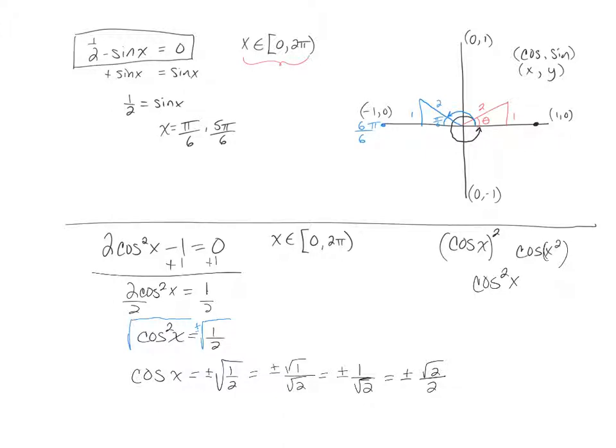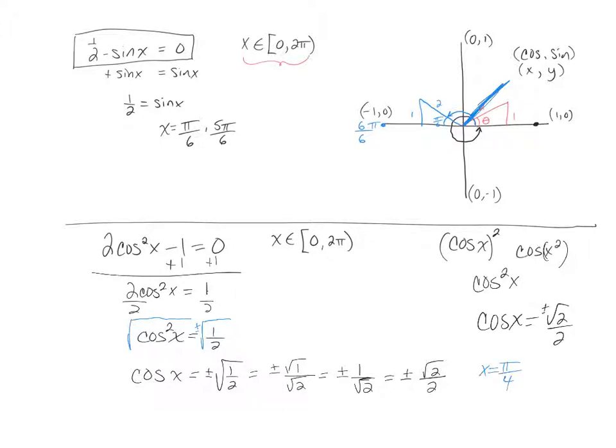So thinking about our cosine being root 2 over 2, cosine of x equals root 2 over 2, whether it's positive or negative. If we recognize that as the pi over 4, which we should, we could think about that angle being here in the first quadrant, and one solution, of course, would be x equals pi over 4.